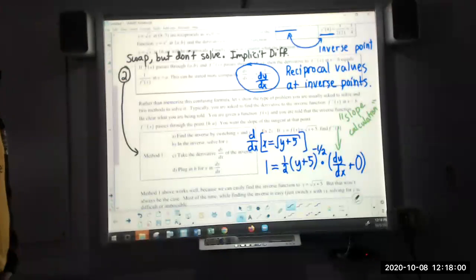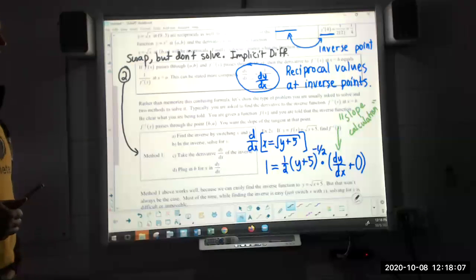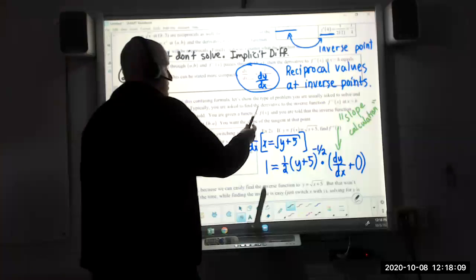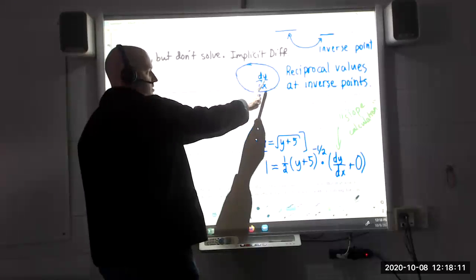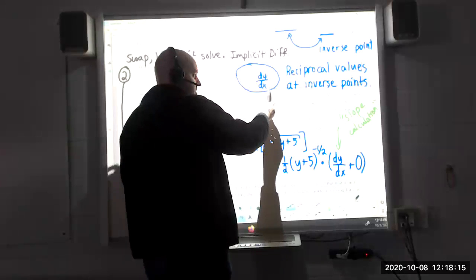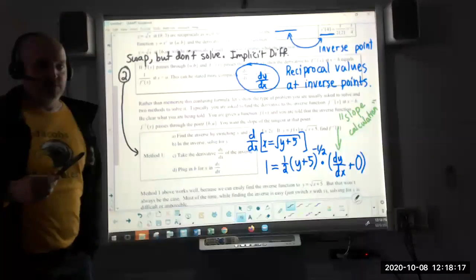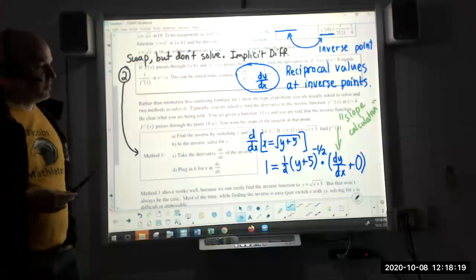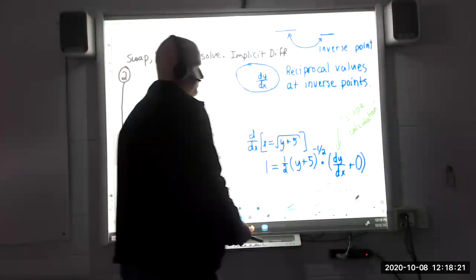So it's not actually the slope because it's in terms of y, but we can use it to calculate the slope. And that's because, remember, when you're working with the inverse, when you do an inverse point, the input of the inverse is the y value for the original function. So that's why this makes sense here.